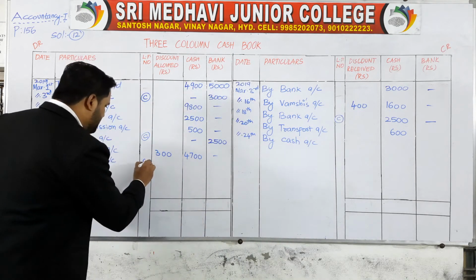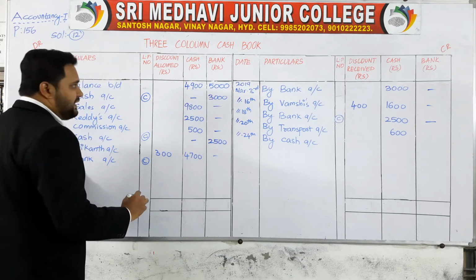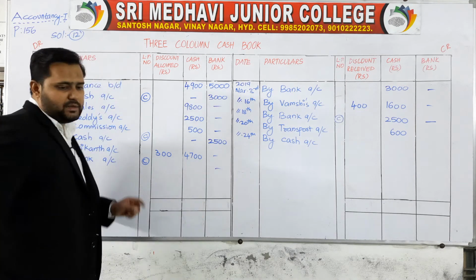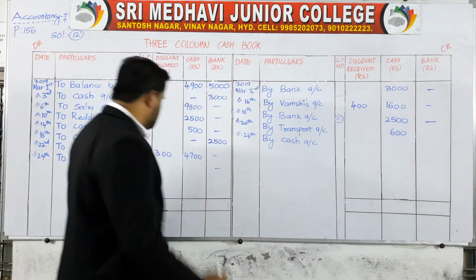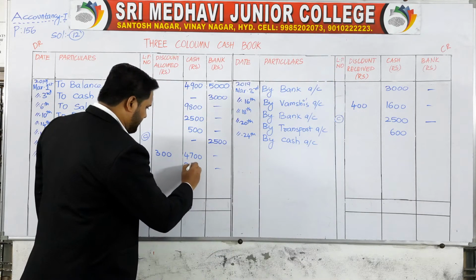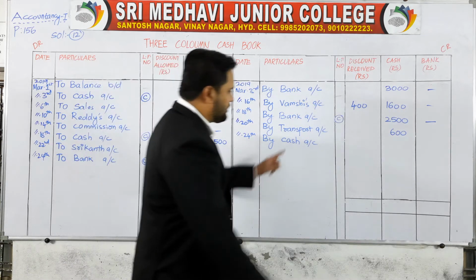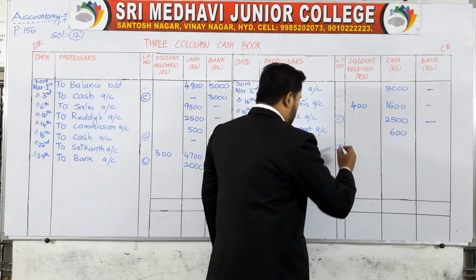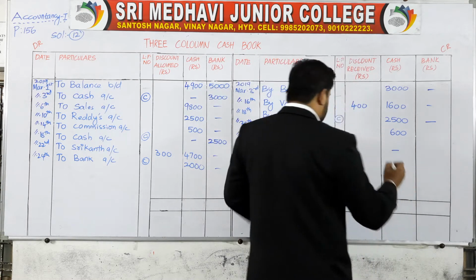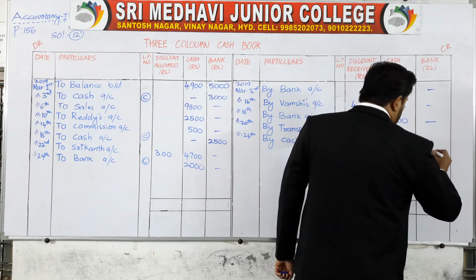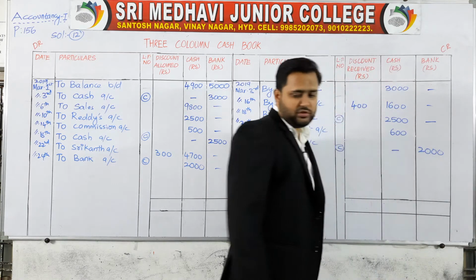It's a contra entry, denoted with C. If you are writing bank, you have to write the amount in the cash column. How much? 2,000 rupees here. It's a contra entry. If you are writing cash, write the amount in bank, not in cash. How much? 2,000 rupees.